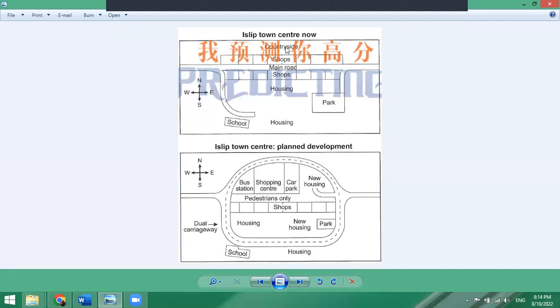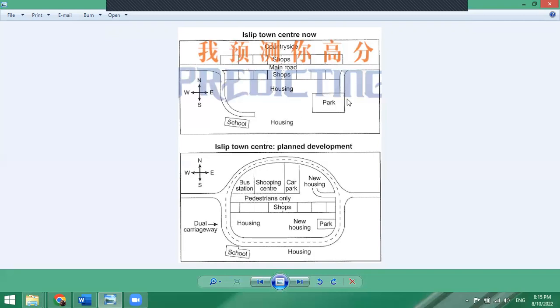As you see, before there was countryside, shops, main road again, shops, housing. What happened is a bus station, which was not there, is a new feature added. And shopping center, you can say 2 shops were replaced by 1 shopping center. And what happened to the car park?